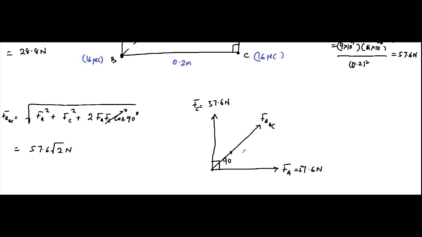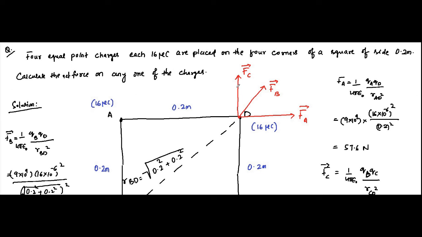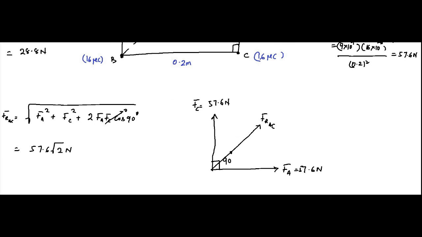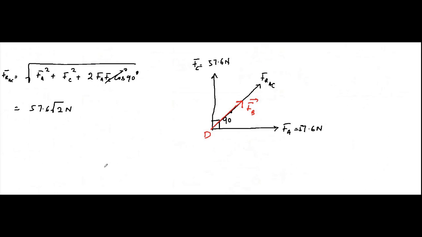Now if you see, FRAC, the resultant of FA and FC, and the FB vector are in the same direction, at point D. So the net force acting on the charge placed at D is FRAC plus FB in magnitude.